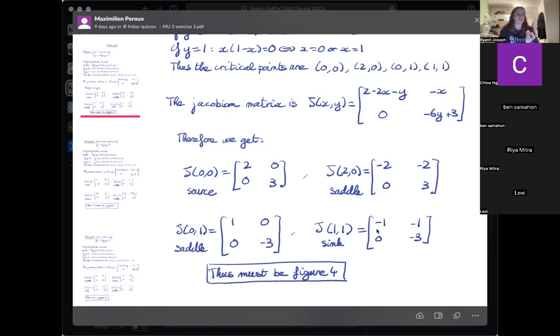And this is a sink node because they're both negative, but not equal. Or they could be equal to each other. Yeah, they're equal to each other.